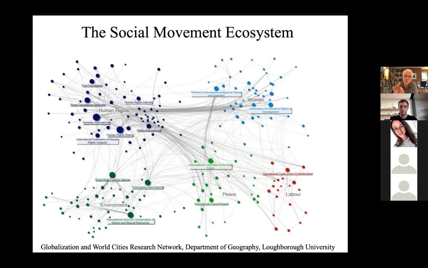So there are areas within other aspects of global social movements that are interested in the environment. This hasn't got poverty on it, but if you had poverty, the poverty and environment NGOs interact around questions like gene editing very strongly. So the purpose of putting this up is not to get talking about social network analysis or the nature of the NGO world, but just to say conservation is not one single thing.